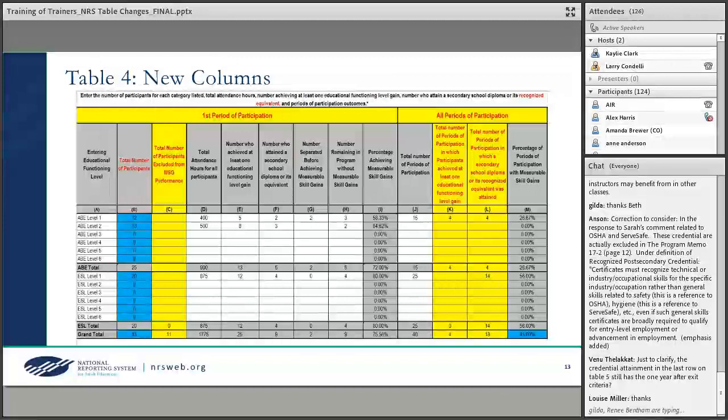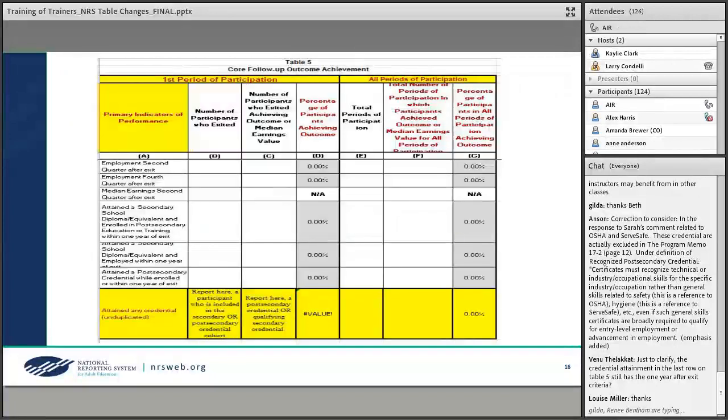And I see that he's quoting it here. Okay, and yes, Venu's question is whether the last row of Table 5 on the credentials still has to be 1 year after exit. Yeah, all the criteria are still the same. It's within 1 year of exit for the credentials.